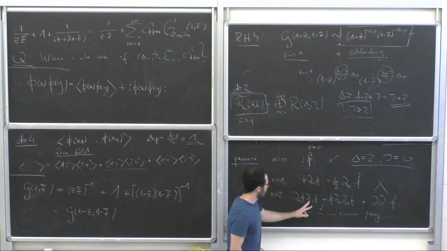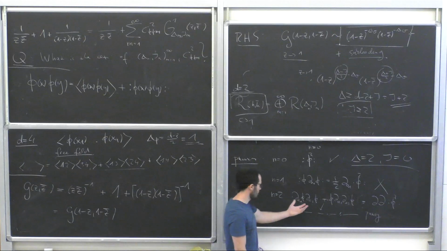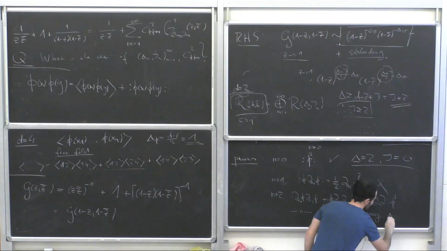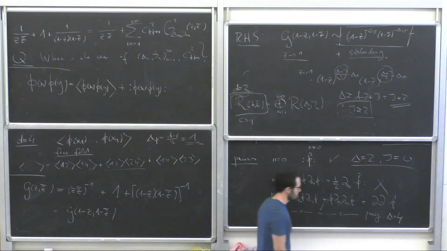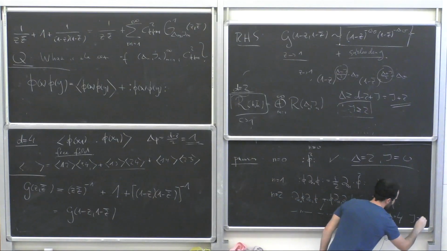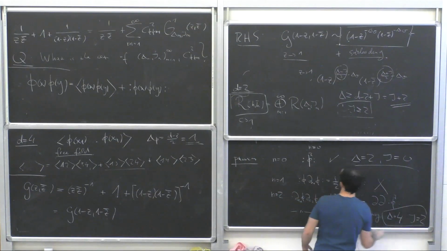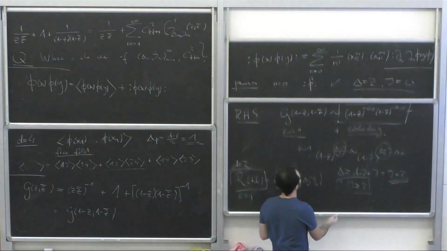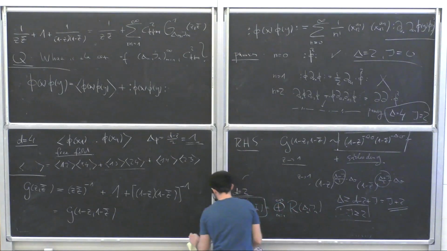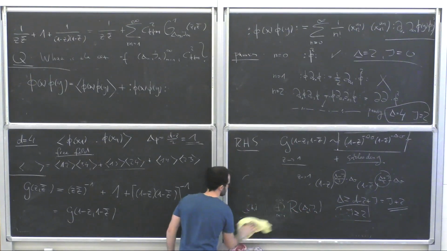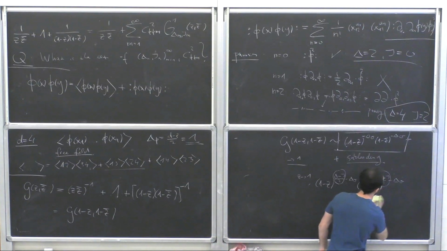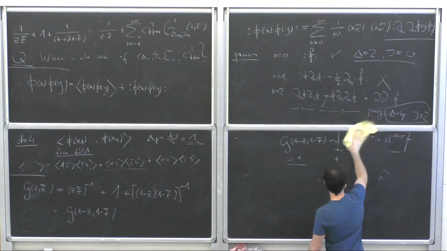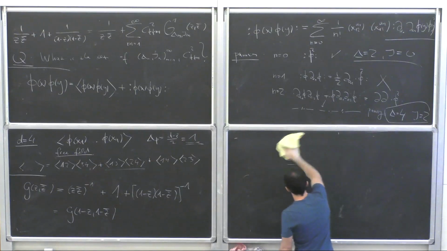We have two phi's and two derivatives, so delta is 4. And we have two indices, so spin is 2. And it turns out if you keep going, you can convince yourself.